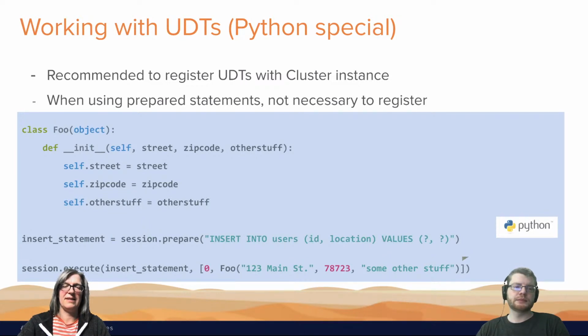In general, if you read into the driver documentation, and I've put a link to that into the GitHub repo, it is recommended that you register the UDTs with the cluster instance, and there's a couple more steps to make sure that you're really in sync with what the driver knows about the cluster and what the cluster actually knows about the various types that are available.